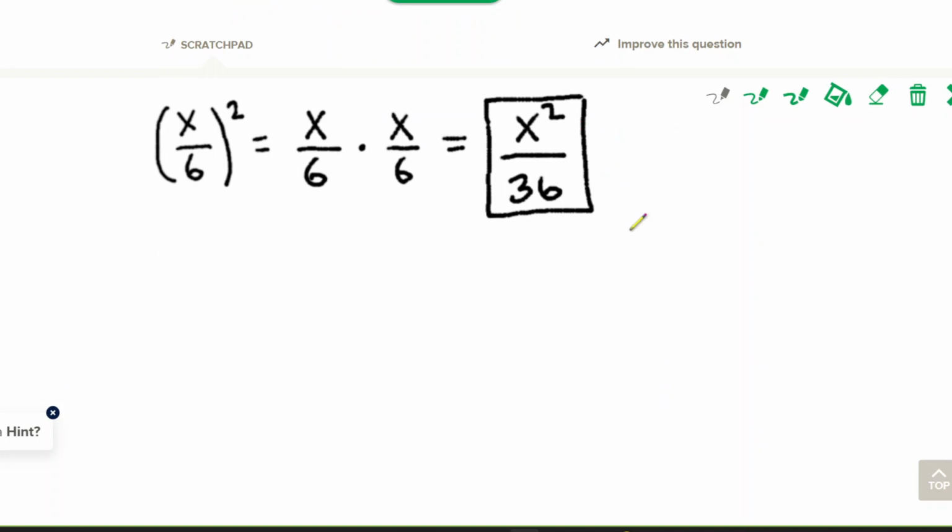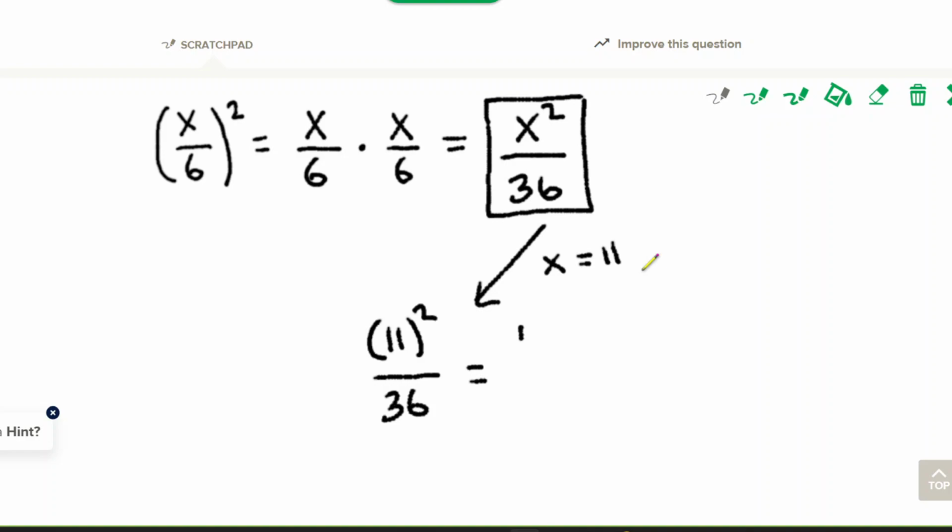All right, so now I'll take this thing in the box here and put in 11 for x. So we're going to take this expression here, replace x with 11. And so now the numerator is 11 to the second power, divided by 36. 6 squared was 36. And so the numerator is 11 times 11, divided by 6 times 6 was 36.